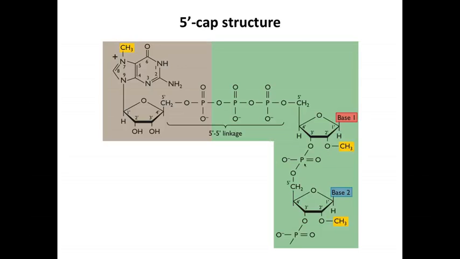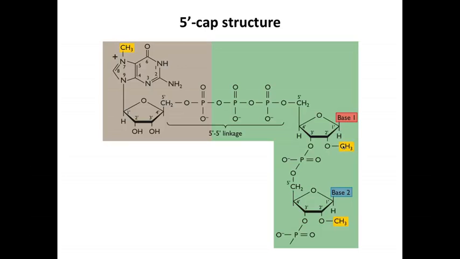In addition, there's not just one phosphodiester bond linking the most 5' base with the rest of the RNA, but there are 3. So we have an unusual linkage, a 5' to 5' linkage. In addition, some of the bases are methylated on this cap structure. This position is typically a guanine, so you have GPPP and then the next base. This nitrogen on the guanine is methylated.